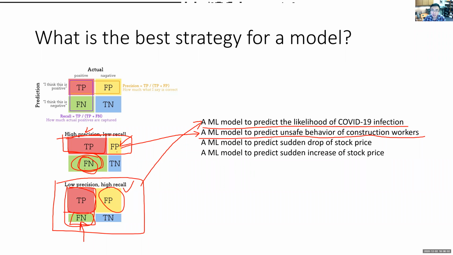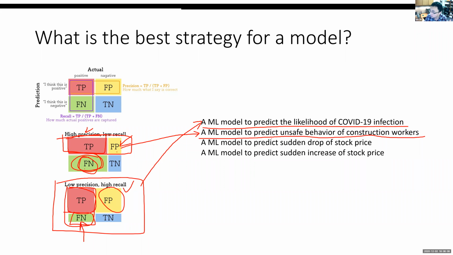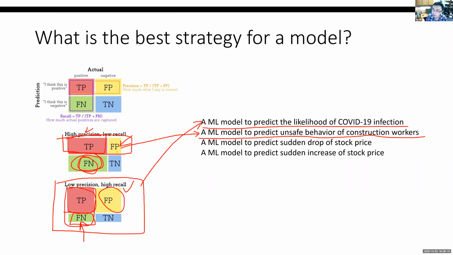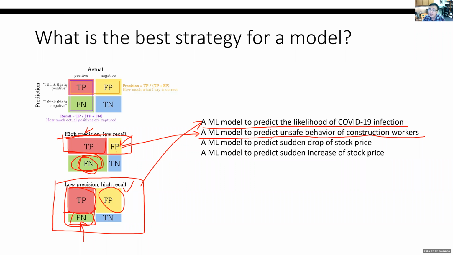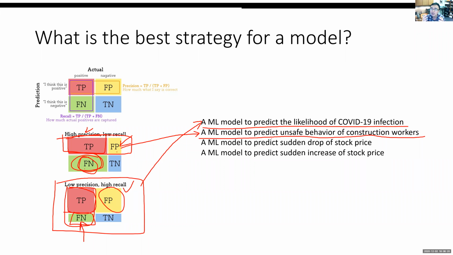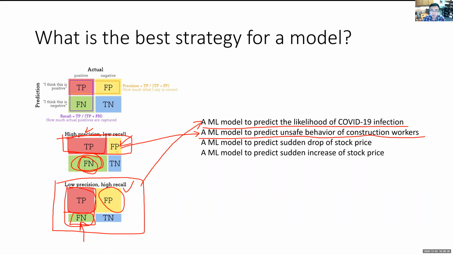So for this one, we don't want to have a good recall model. We want to have a good precision machine learning model to predict if this person wears this hard hat or not. So in other words, in English, it means how likely I can correctly predict this construction worker wears a hard hat, right? So this is the one.